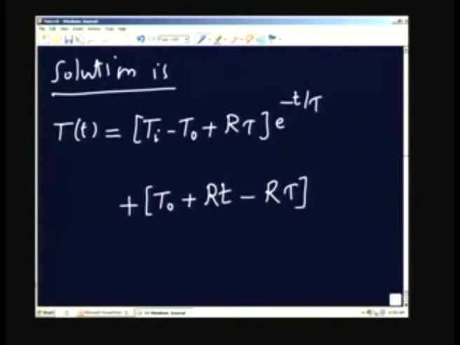So, if you look at the first term, there is an exponential term, and as t becomes larger and larger, this is going to become smaller and smaller.